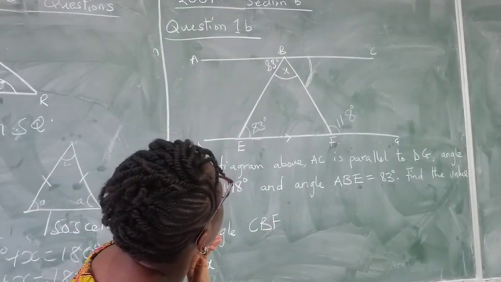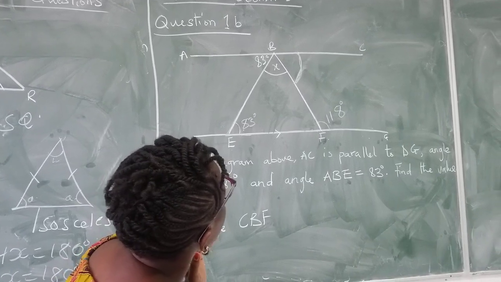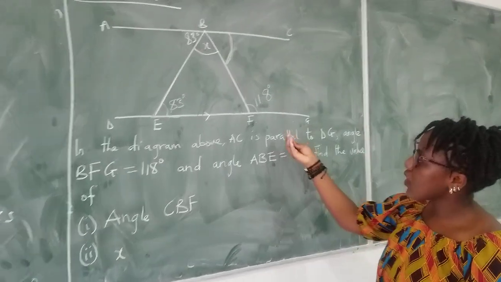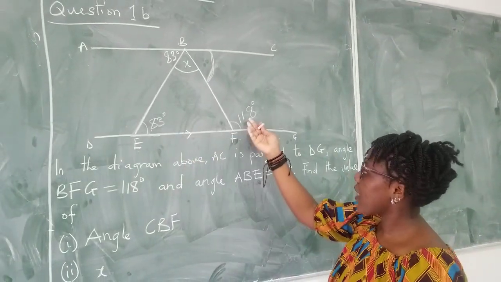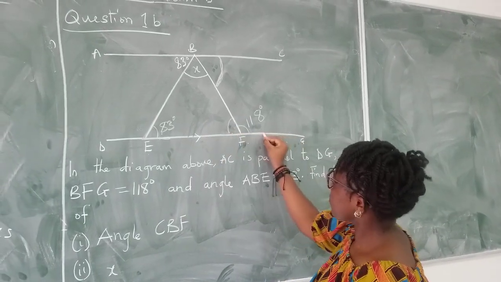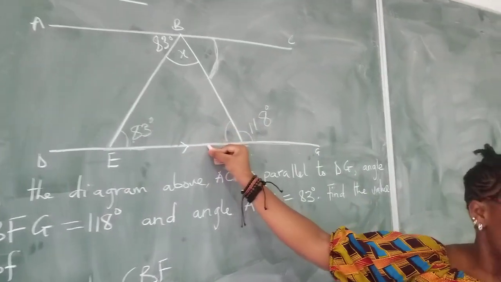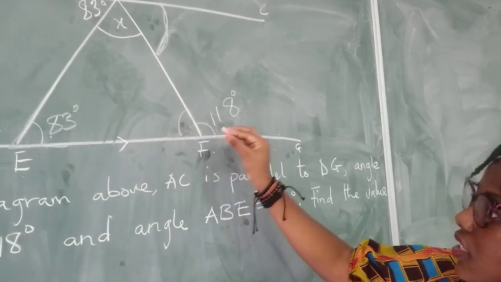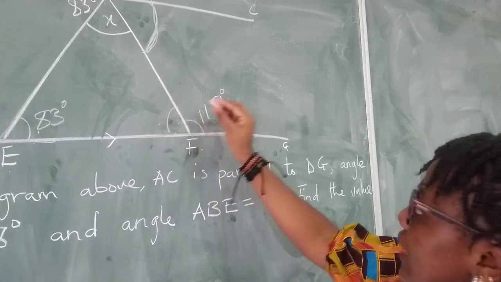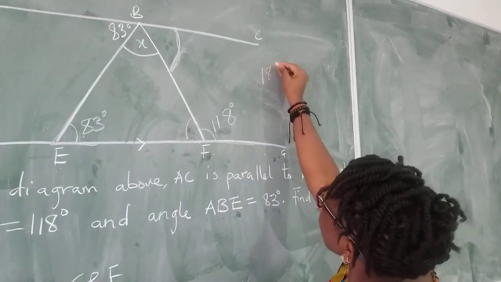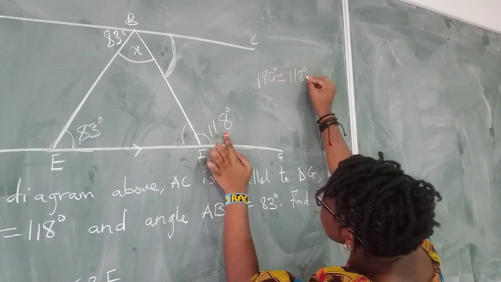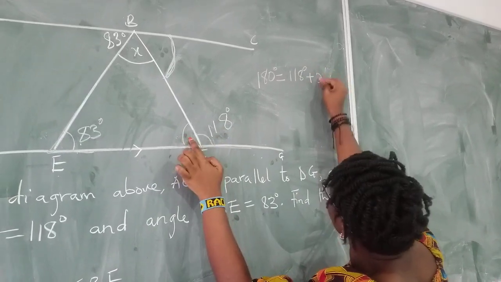Another property we can use: again we apply the property of angles on a straight line. We have this angle 180, and you can see this angle. So this is the straight line. This angle here will form a sum of 180 degrees with this 118.